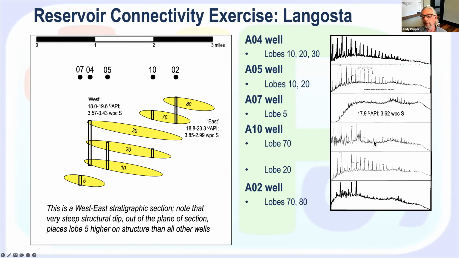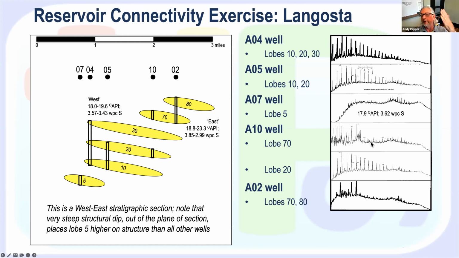So again, we want to be careful that we don't do the up dip down dip thing. Here it's really the lateral changes across the strike, orthogonal to the depositional system, that have been revealed by these fluid fingerprints.